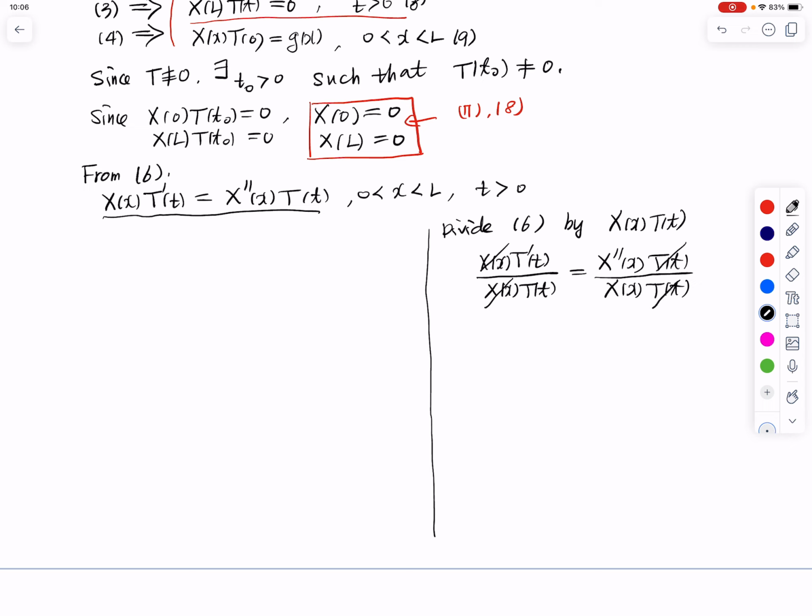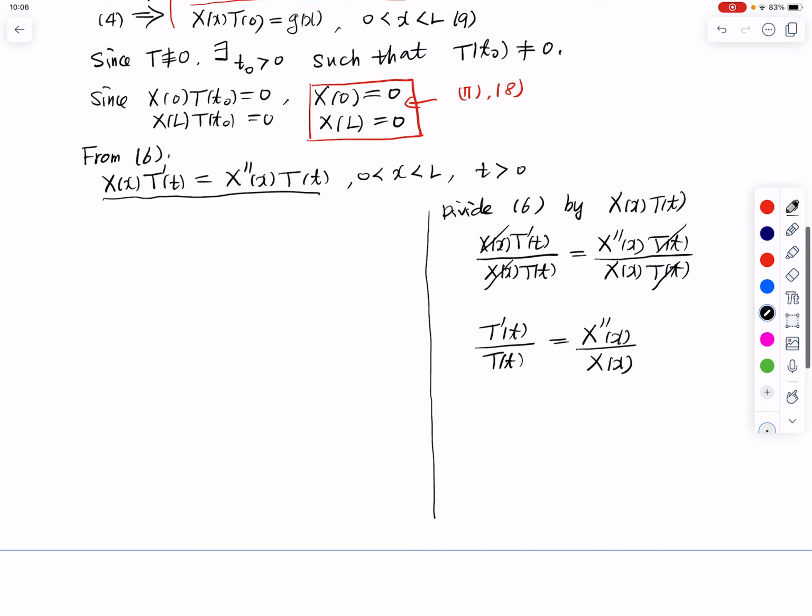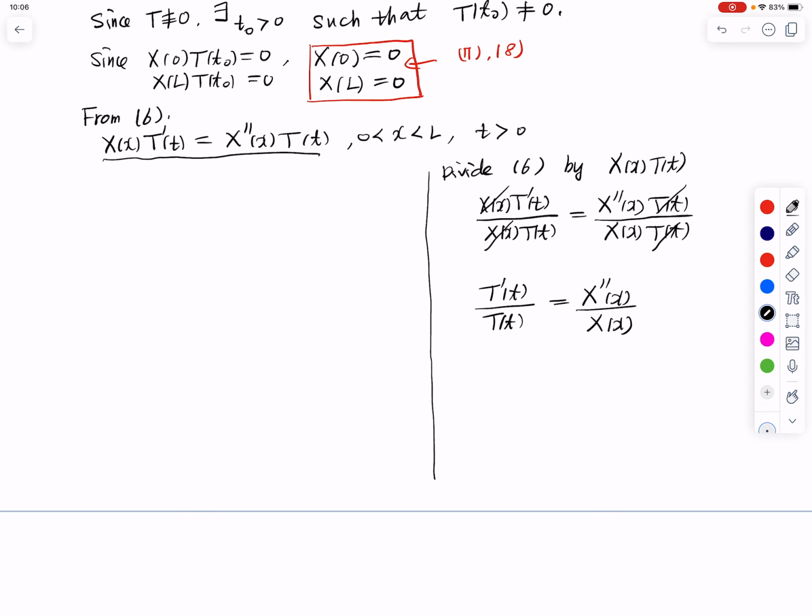So then we have T'(t) over T(t) equal to X''(x) divided by X(x). So we have this one, right? And then you look at here. When you look at the right hand side of this equation, this guy is a function of the x variable. And this part is a function of t.